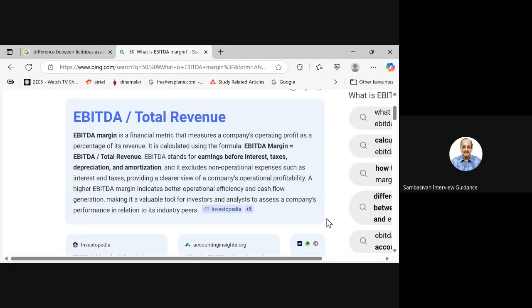That's what they have given. Here it is showing that it excludes the non-operational expenses, such as interest and taxes. The depreciation and the amortization also come in, right? So that's why it is excluded. It is excluded, that is correct.